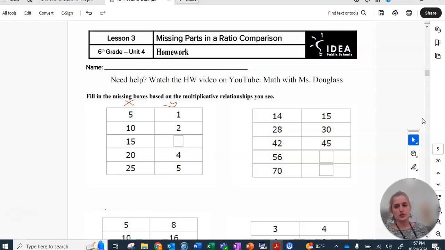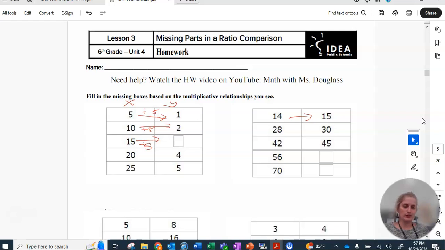Because if you find that relationship, like here I see going from 5 to 1, I have to divide. 5 divided by 5 equals 1. That same rule applies if you're going in between the two, like 10 divided by 5 equals 2, 15 divided by 5 equals whatever your answer is. Remember, I want to see your scratch work, I don't just want to see you write the answer in the box.